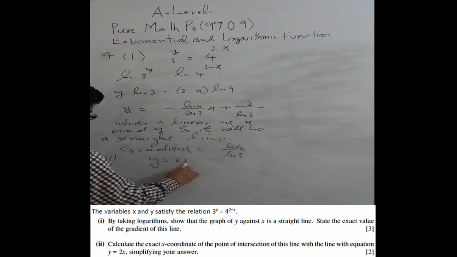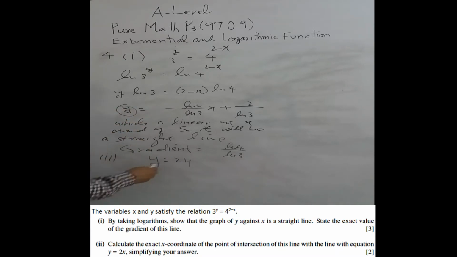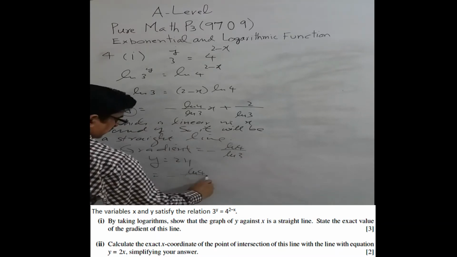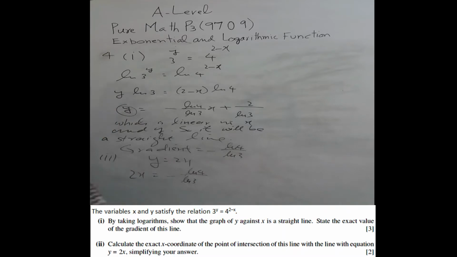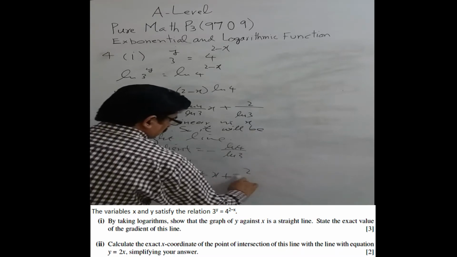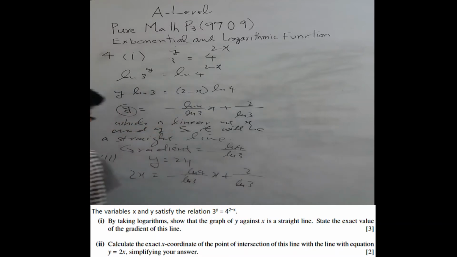Now when y is equal to 2x, replace this y by 2x, and you will get 2x is equal to minus ln 4 over ln 3 into x plus 2 over ln 3.